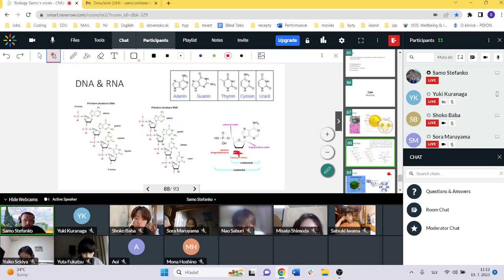This is ribonucleic acid. Okay, so there is only one difference between DNA and RNA, and the difference is this oxy part in the formula.